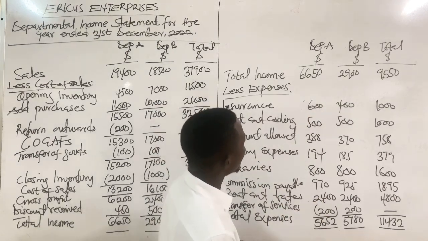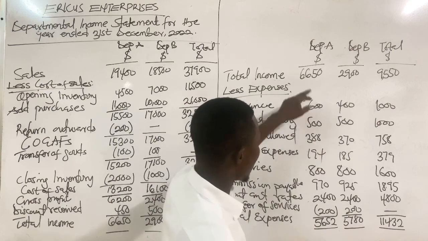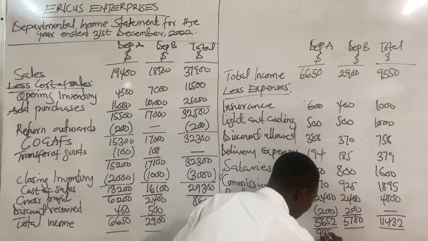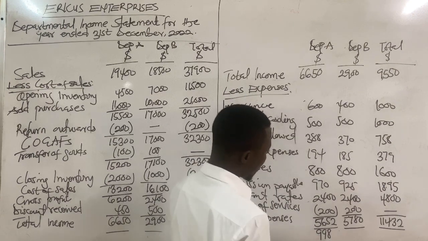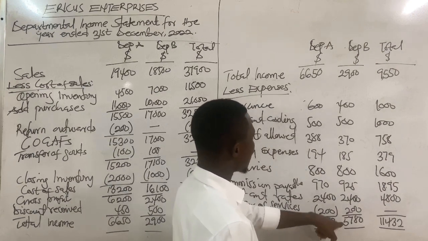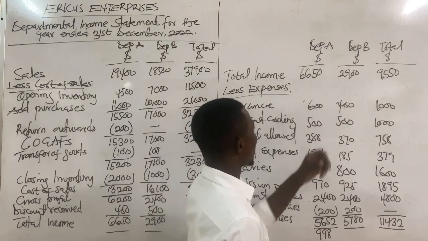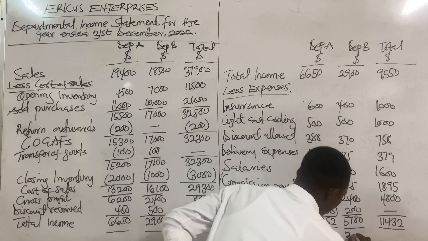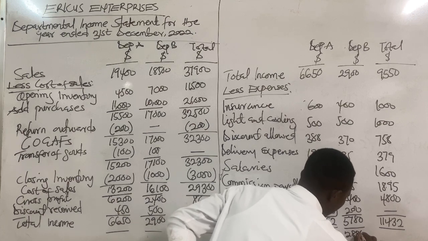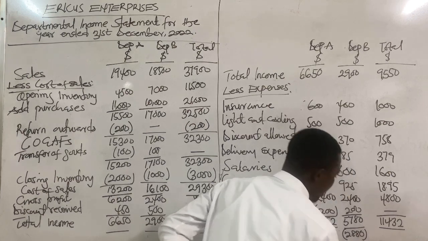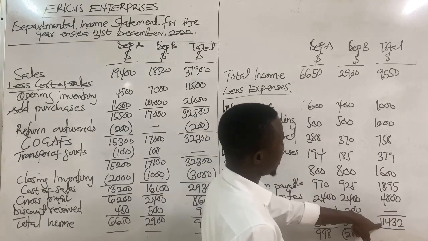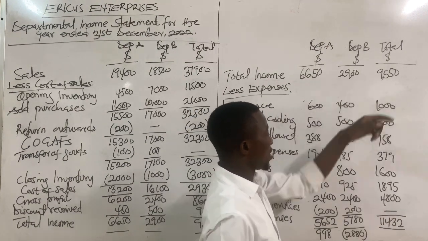Now we take out the total expenses from the total income to determine our net profit or loss. So when we take this from this, we arrive at an amount of $998. Here, the total expenses is bigger than the total income. So this will be 2,880 and loss. Then obviously the total expenses here is bigger than this total income.